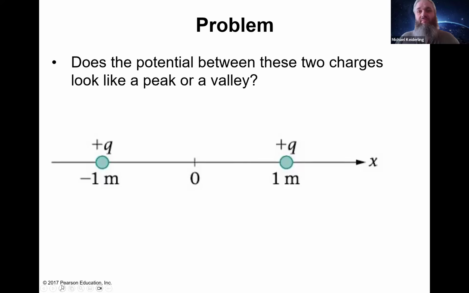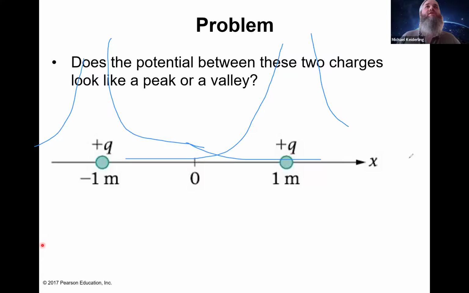So I see peak, peak. It actually will look a little different than that. So you get something like a peak around each one. The potential around each plus Q looks something like this, and then this around the other one.